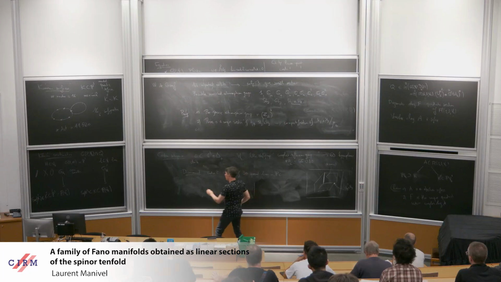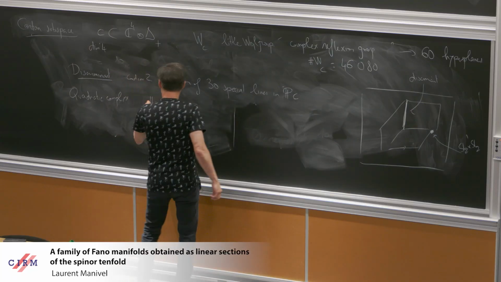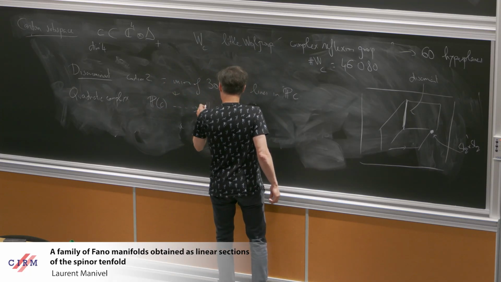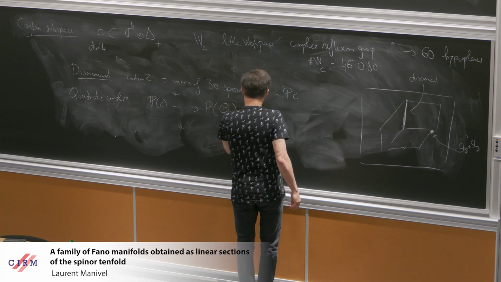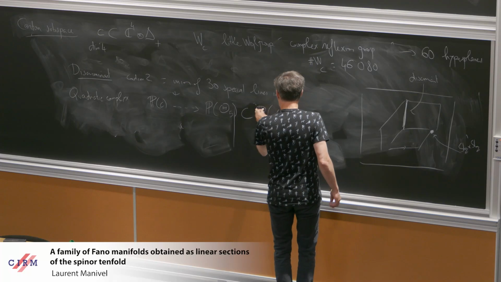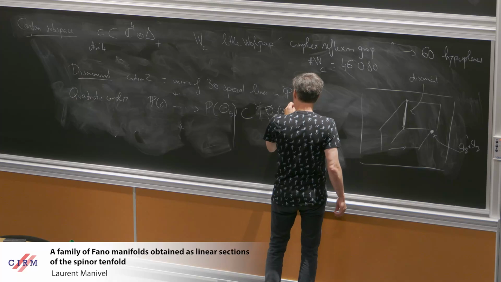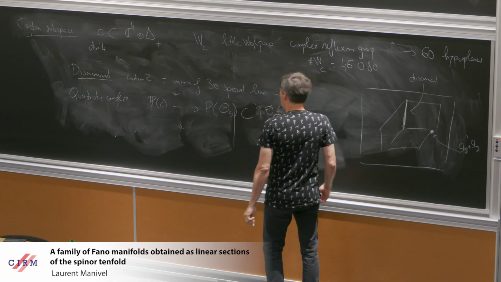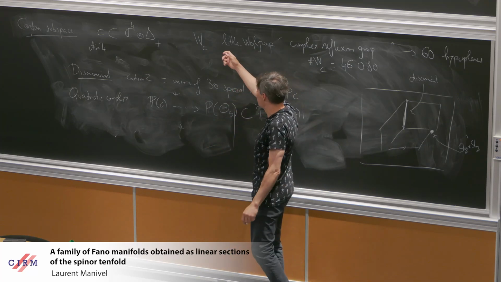So actually, the quadratic complex, when I restrict it to P of C, gives me a rational map to a subspace of the linear system of quadric sections of the Grassmannian, and this is actually P4. Theta 5 has dimension 5. This is a special representation of the little Weil group.